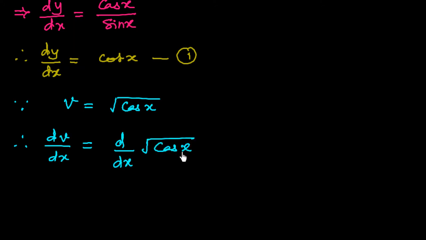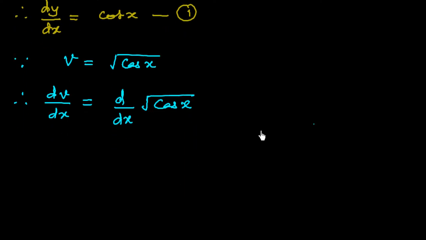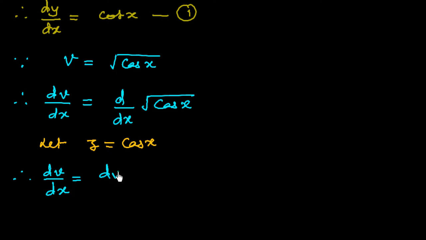It is also a composite function, so we will use the chain rule again. We assume, let z is equal to cos x. So we see what happens now. Therefore, dv over dx is equal to dv over dz into dz over dx.